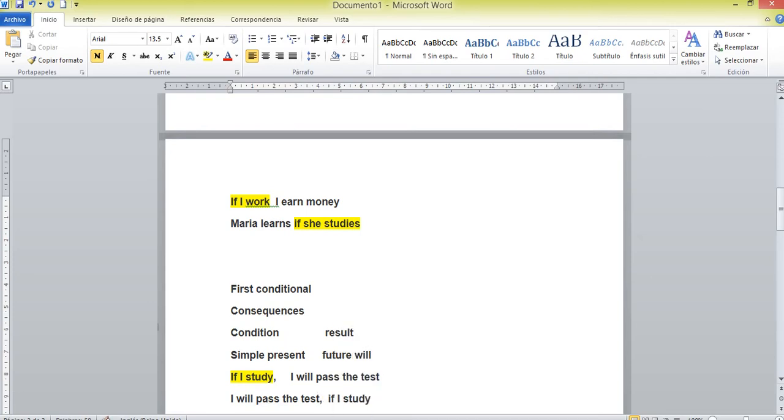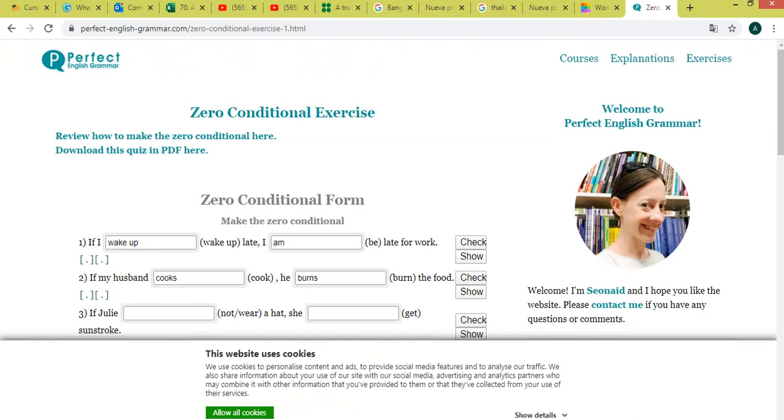So it means that in this case, I will pass the test if I study. So it means that the condition is in yellow in this case, you see, if I study. Right? Doesn't matter that it's in this order. But if is always with the condition, remember. If is always connected with the condition. Right? Let's practice a little bit with an exercise here.